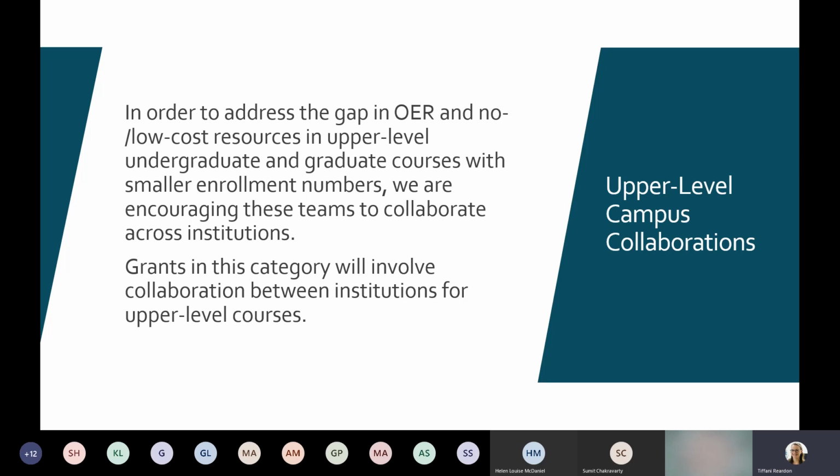The idea is that these courses have smaller enrollment numbers but still really need this transformation. Maybe they're using really expensive textbooks, but it's hard to get that impact. So we want to see collaborations across institutions.